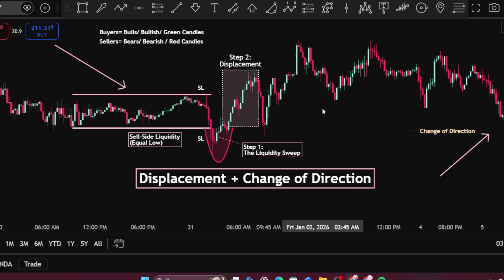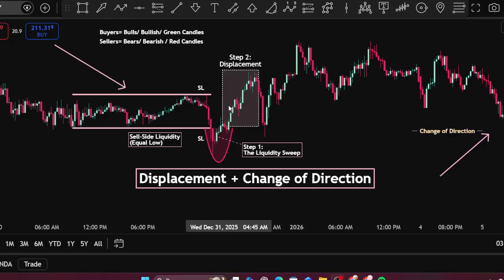Now that I had the change of direction, the momentum has shifted from the buyers or sellers, and sellers may now be in control.